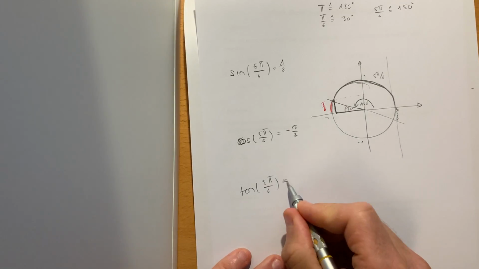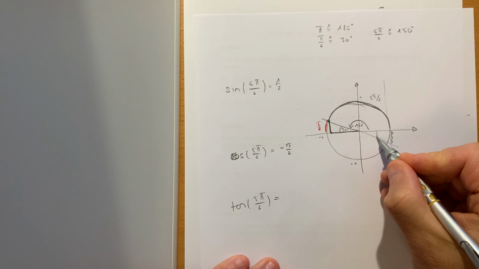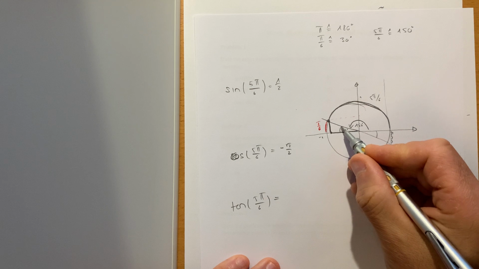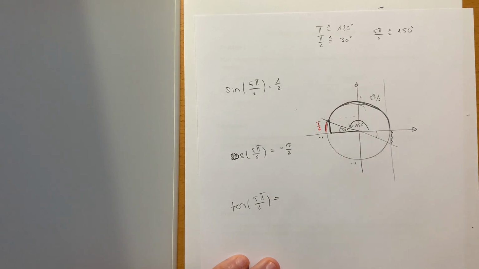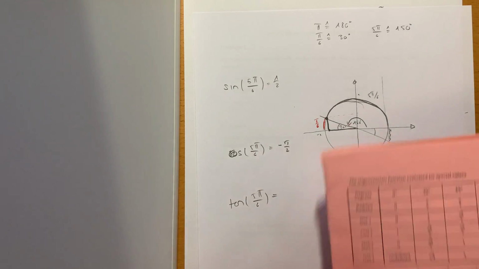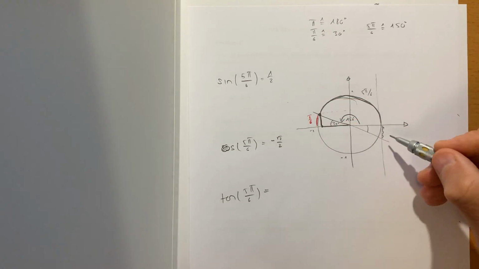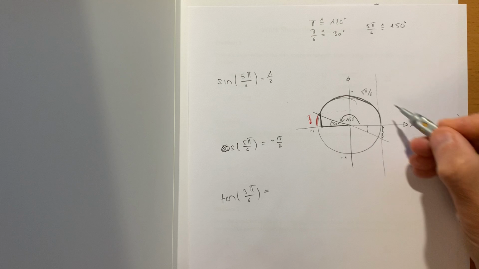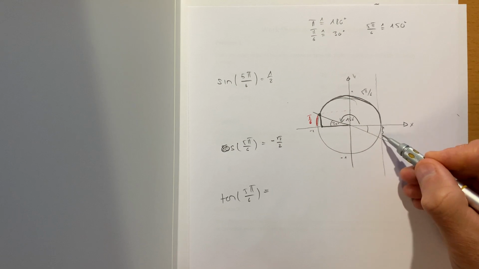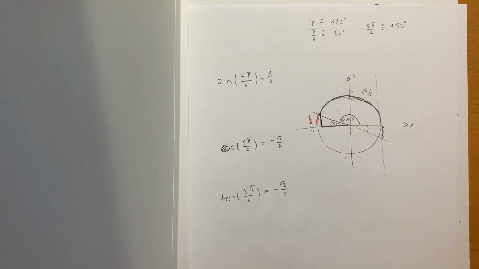It's like an angle of 30 degrees here, or pi over 6 in the radian measure. For pi over 6, the tangent is the square root of 3 over 3, but you can see it's below the x-axis, so the y value is negative, so it's minus the square root of 3 over 3.